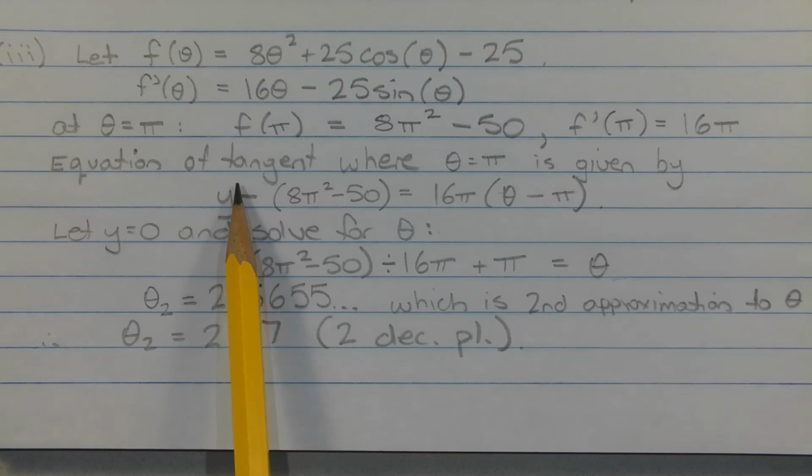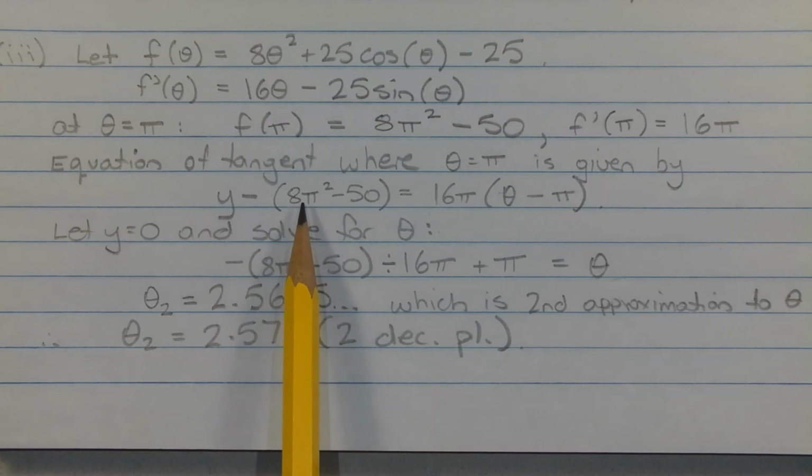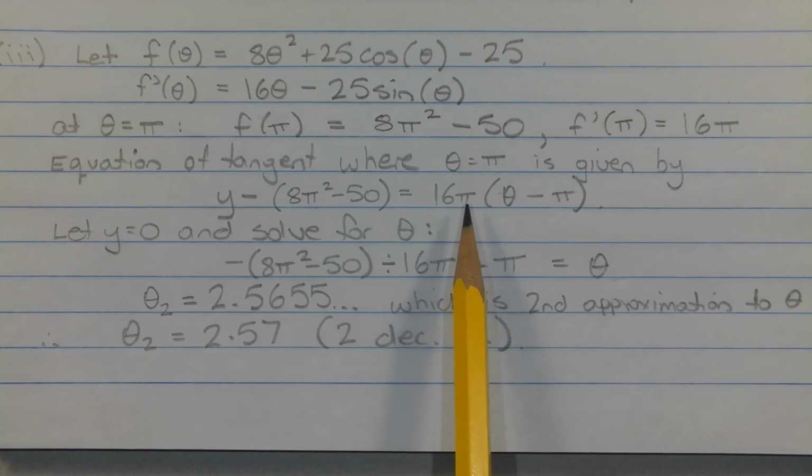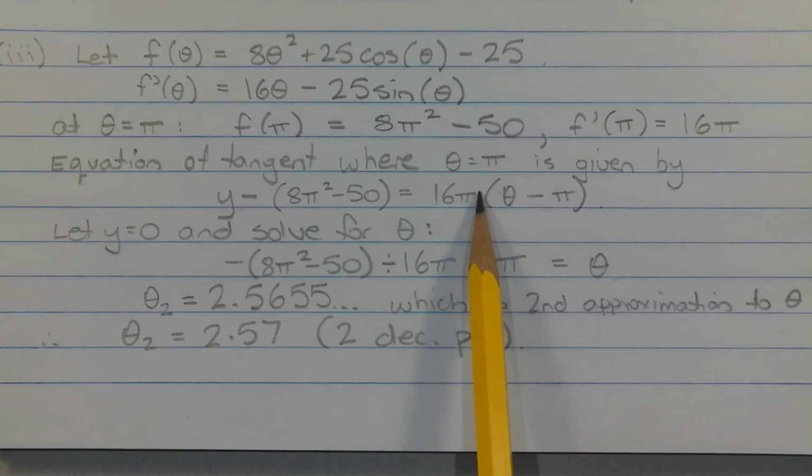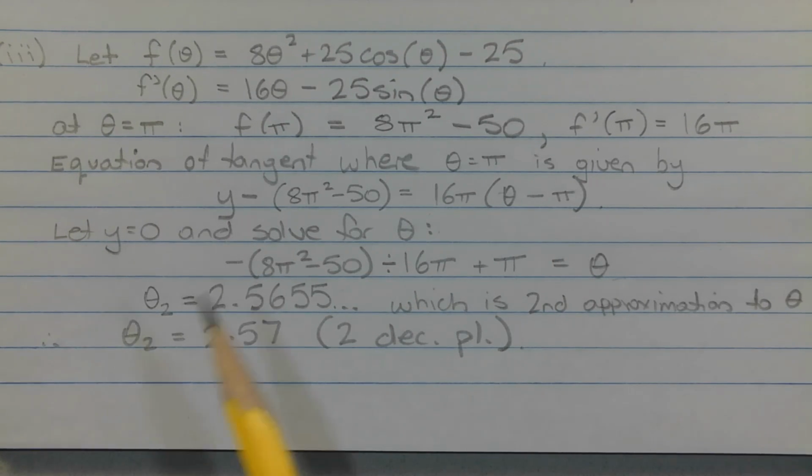So letting y equal 0, the equation becomes negative (8 pi squared minus 50) equals 16 pi times (theta minus pi). So what I'm going to do is divide negative (8 pi squared minus 50) by 16 pi. So that's going to move over to the other side, becomes division, and that's where I get the division here.